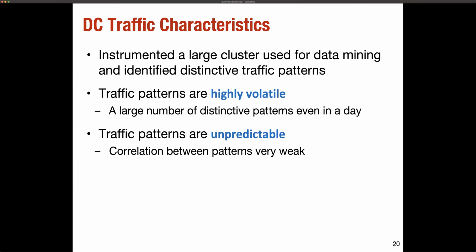This is very different from how things were in the past, because when you look at inter-domain traffic, the communication between two different ASs, there was a lot of predictability in the traffic, and a lot of papers were written on the topic of predictable traffic matrices. Because the traffic matrices were predictable, that made traffic engineering relatively easy.